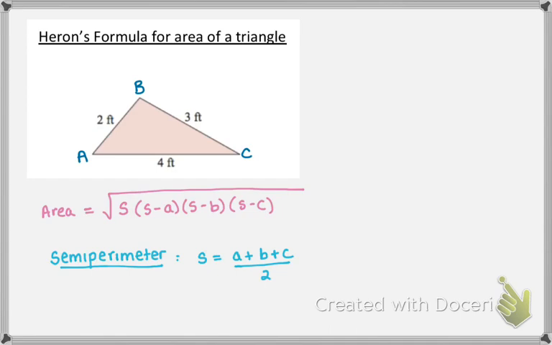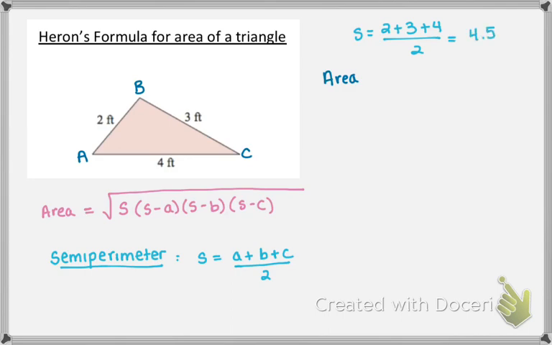And so if I follow this formula to find the area of this triangle, and this is for a triangle of 3 sides, let's start by finding the semi-perimeter. S is, in this case, going to be 2 plus 3 plus 4 divided by 2, which is going to give me 4.5.